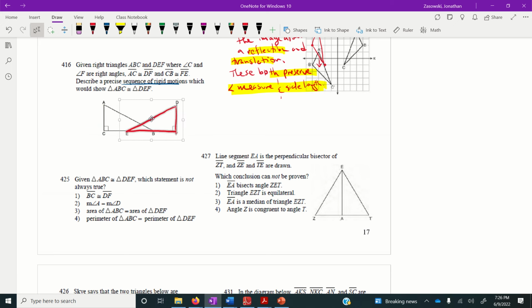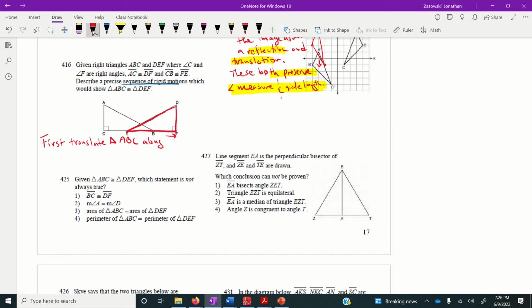Just make sure when you do the translation, you're specifying what ray you're moving along, because there is no graph, so we can't just say right 6, okay? So we're going to say, first, because it says in order, translate triangle ABC along ray, and just pick any two corresponding points.